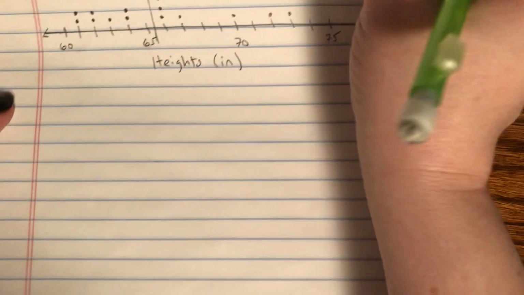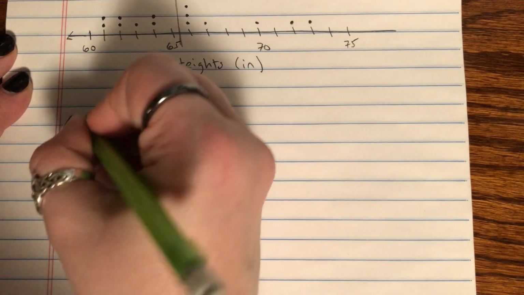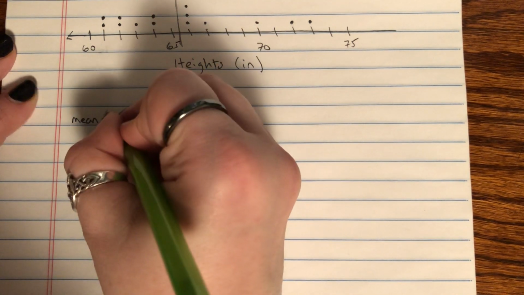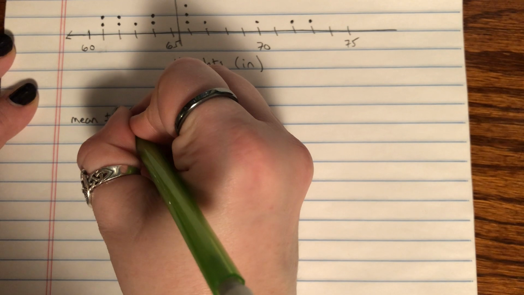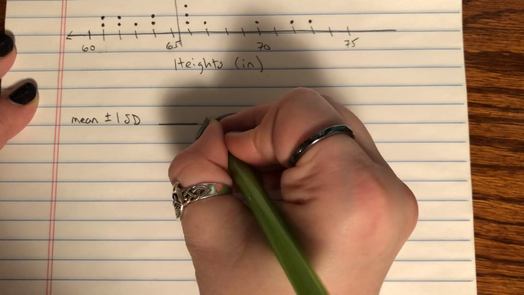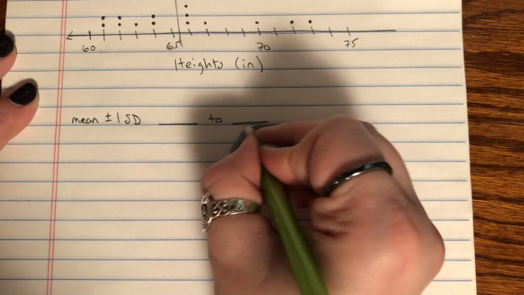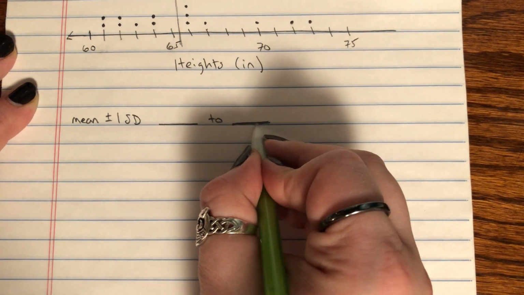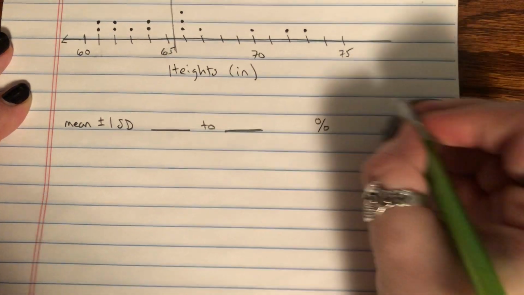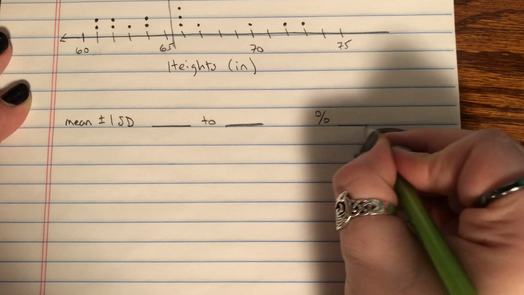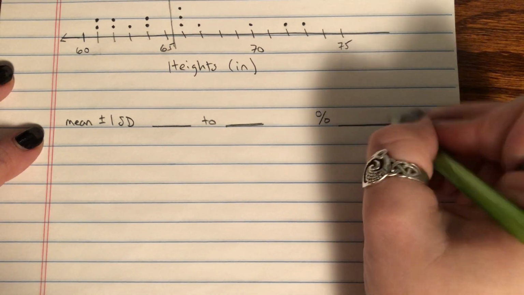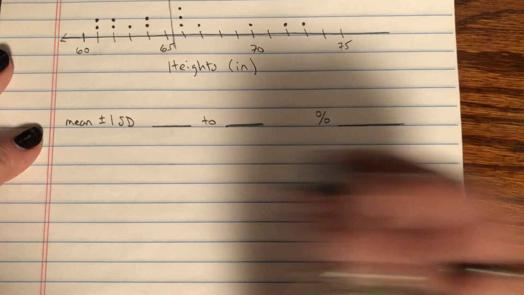What we want to check for is our mean plus minus 1 standard deviation. We're going to get our lower bound with the subtraction, our upper bound with the addition, and then figure out the percent of the data that falls in that range. This should be close to 68% if we're on the right track.